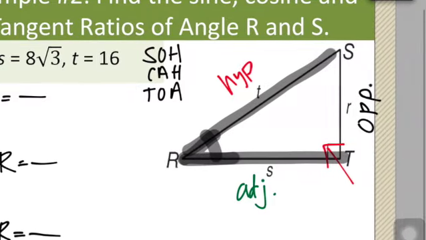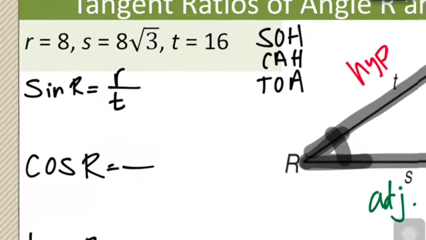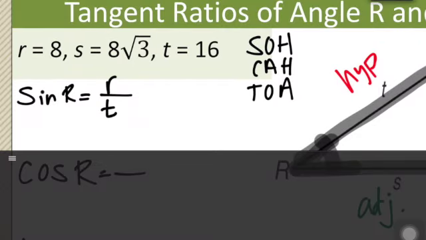My opposite side is R and my hypotenuse is T. We're going to replace R and T with the values they equal. So 8 is my R and my T is 16. I'll write that again a little neater.